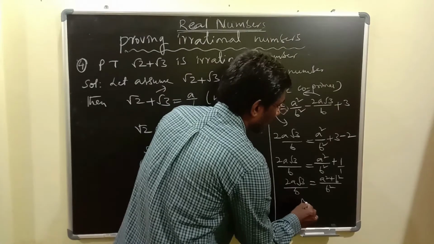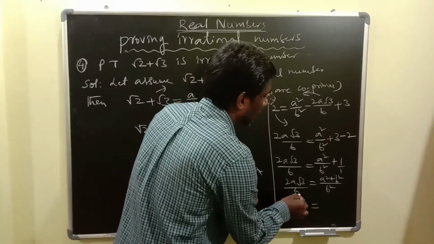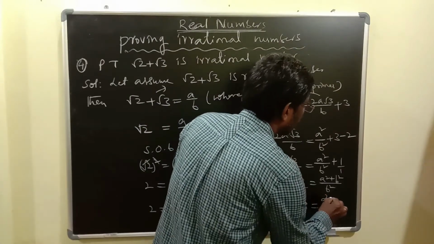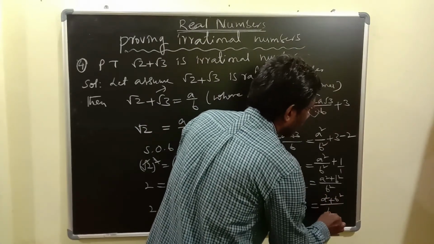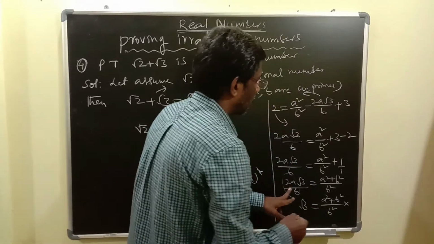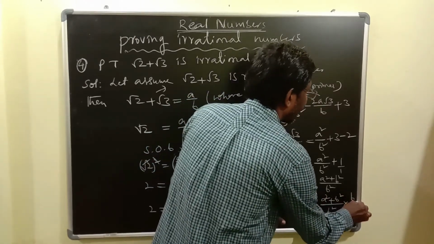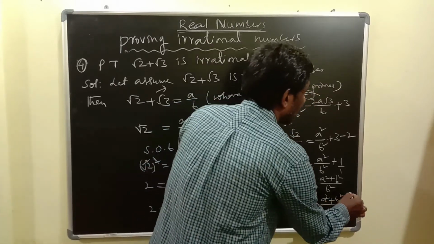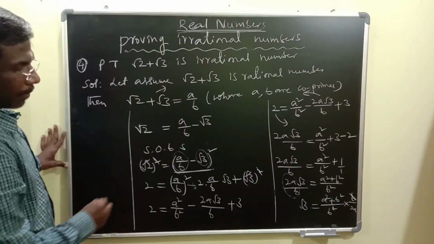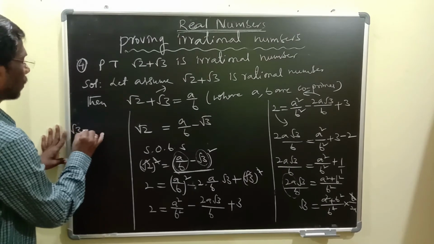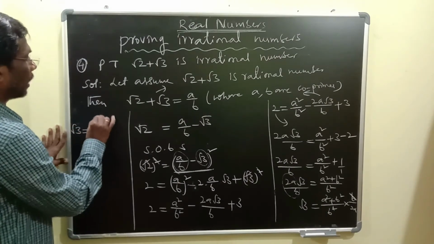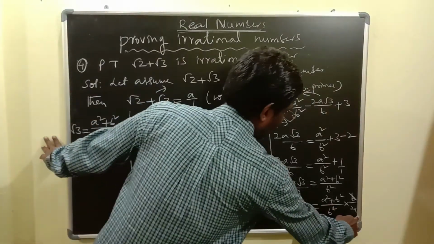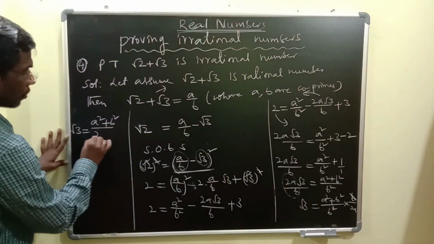You keep root 3 as it is and transfer this 2A by B to the right side. So then that becomes what? Reciprocal. So B comes up and this 2A comes down. So we can cancel this B and square. The remaining is what? Root 3 is equal to A square plus B square by 2AB.